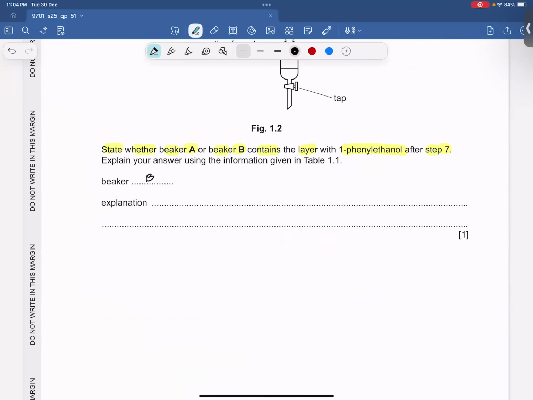Why? Because ethoxyethane is lighter than water.